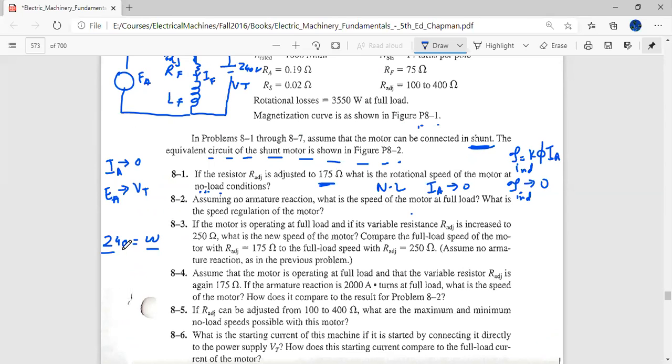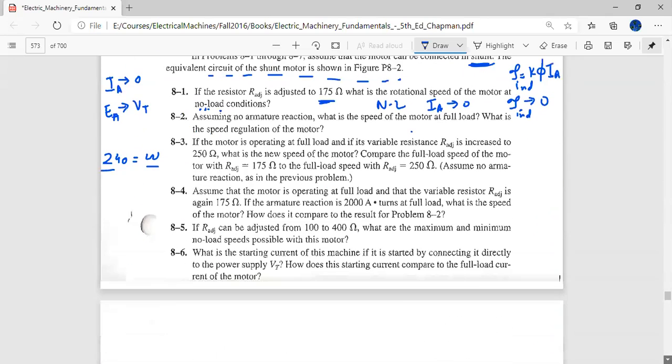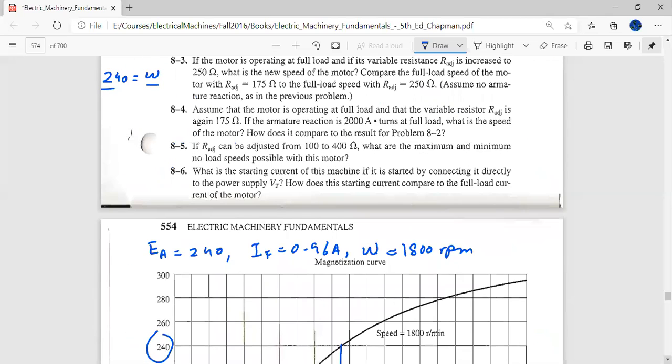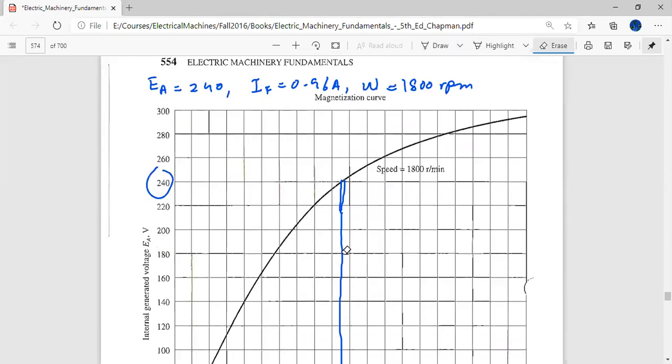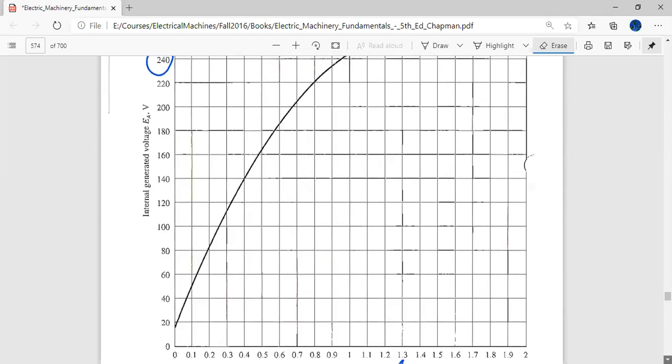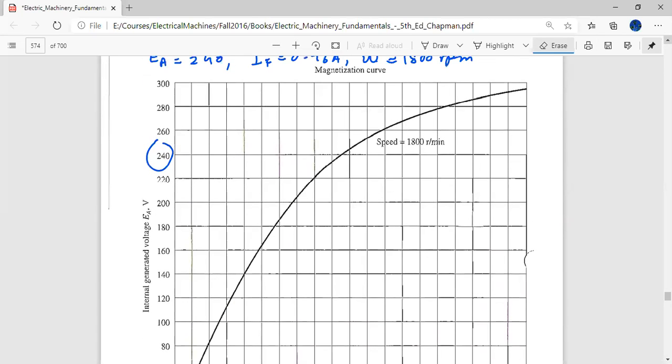And at the loaded condition, EA was equal to, what did I find out? Maybe I need to look at it carefully. We were reading it off at 0.96.